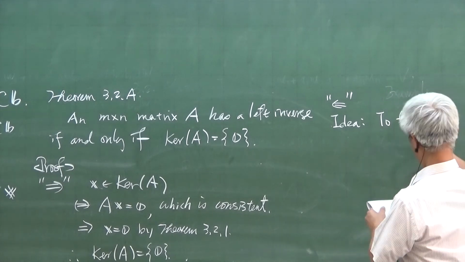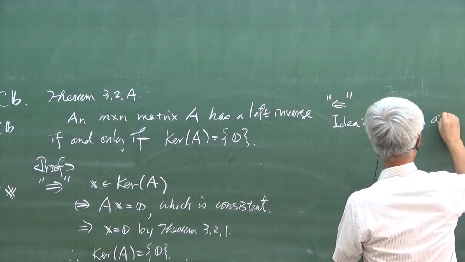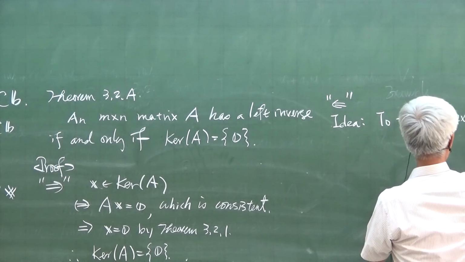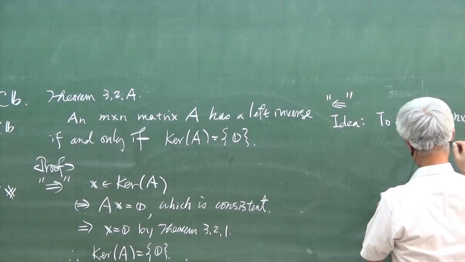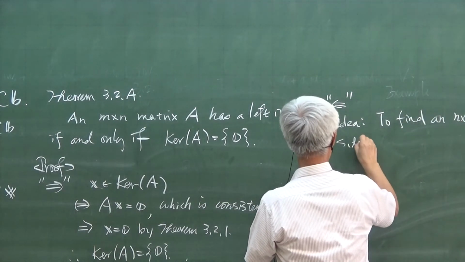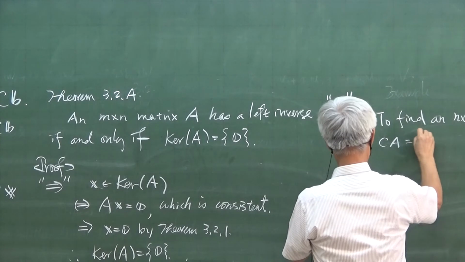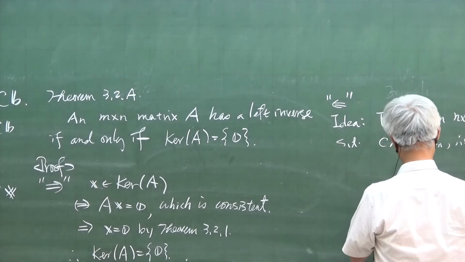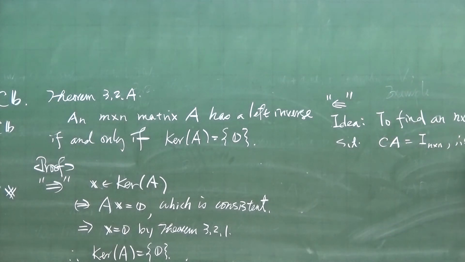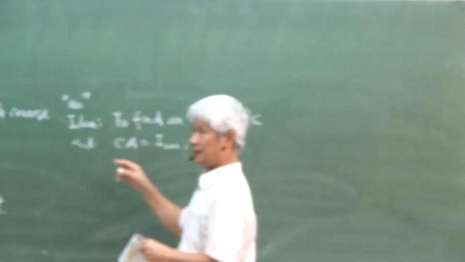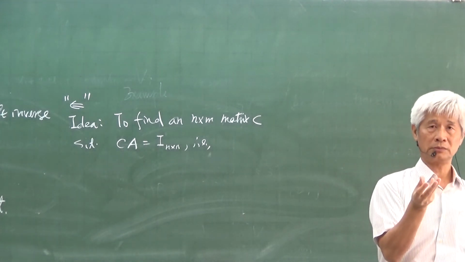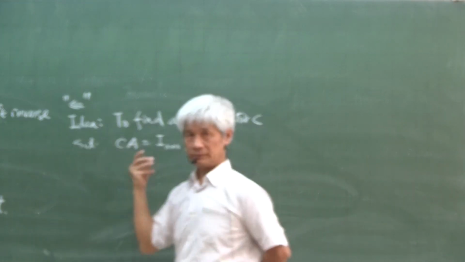So we want to find an n times n matrix C such that CA is equal to the identity matrix. Now C, the left inverse, is unknown, and A is known.